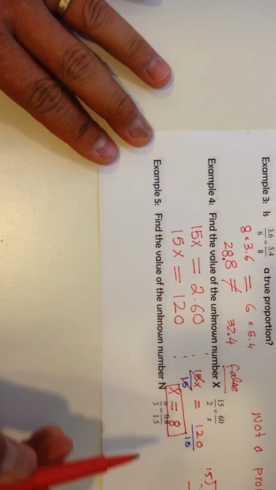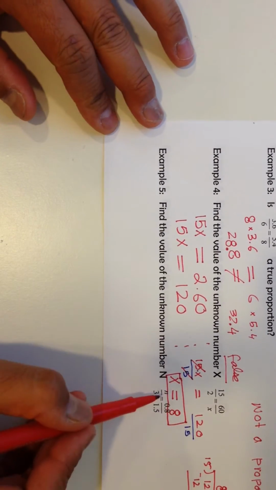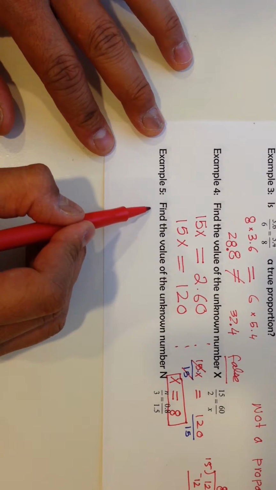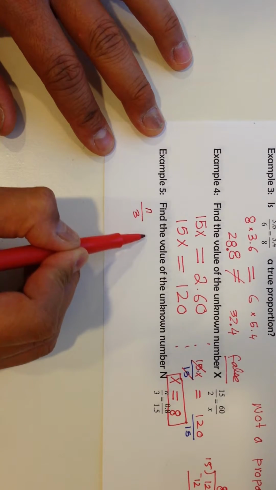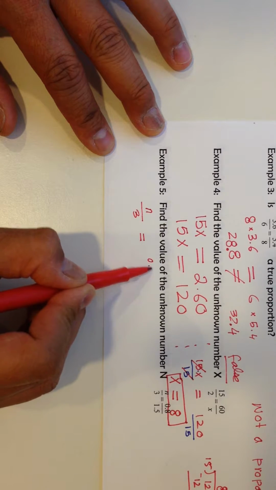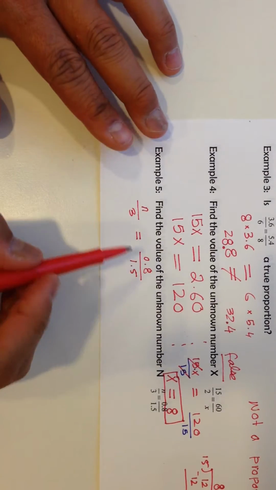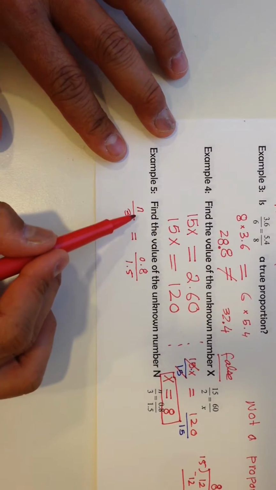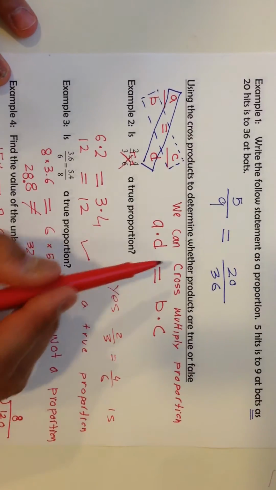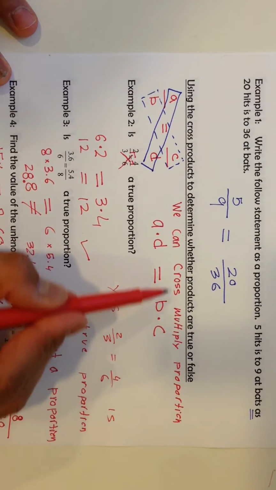Alright, so let's go ahead and find the value of n, the missing number. So n over 3 equals 0.8 over 1.5. Again, the big idea to find the missing value is to use the cross product, to cross multiply.